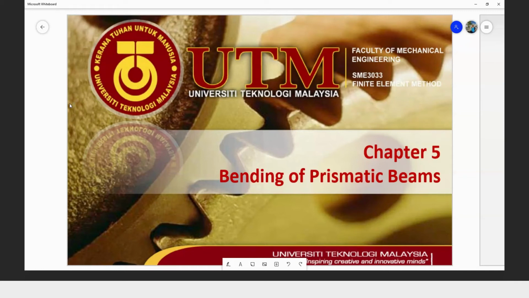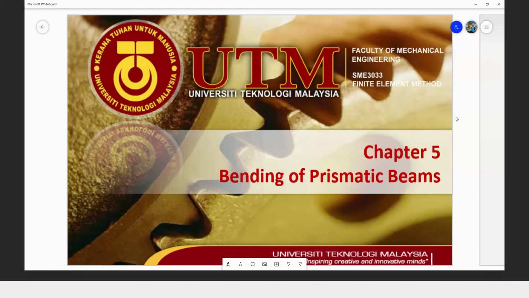Sebagai contoh, if you look at the roof, so roof meskipun dia mungkin ada plane trusses, tapi dia mesti ada beam section juga, which is all the load that came from the plane trusses then will be transferred to this beam, because beam is usually very strong enough to support displacement and also bending.